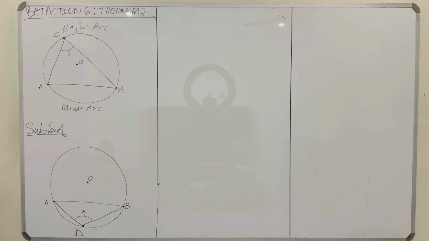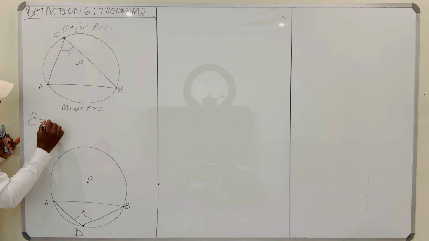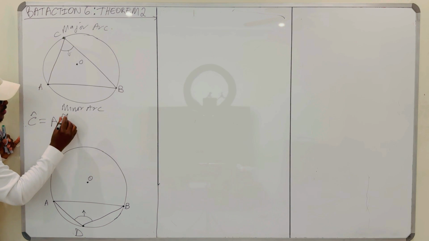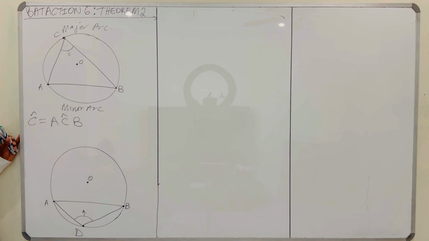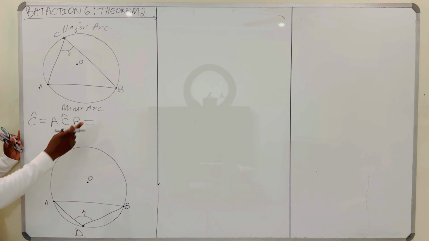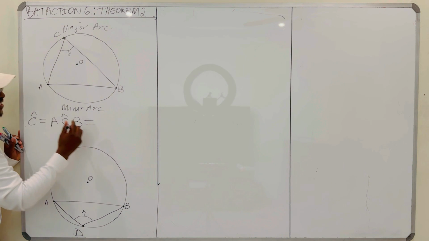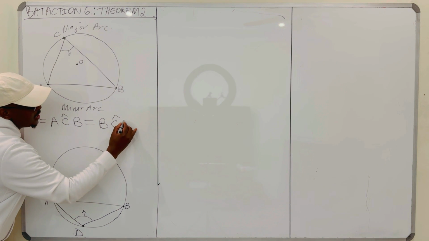So when I say subtend, it's an angle formed between two lines, right? Yes. Originating somewhere. So this angle here, I'll say this angle is angle C, right? Are you with me? Yes. Which is the same as angle ACB, or maybe, depending on the direction you use, it's BCA.